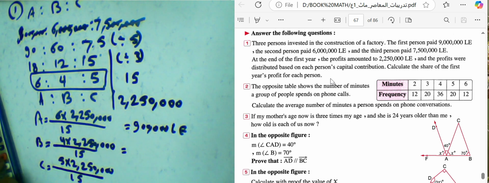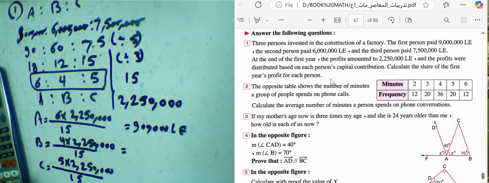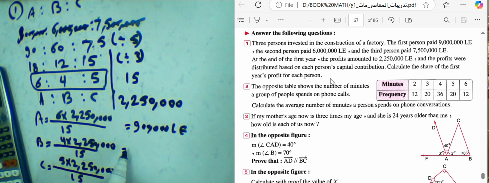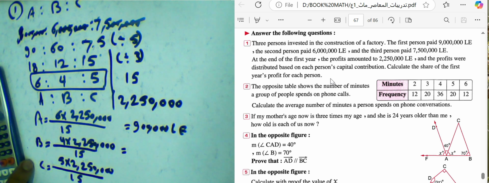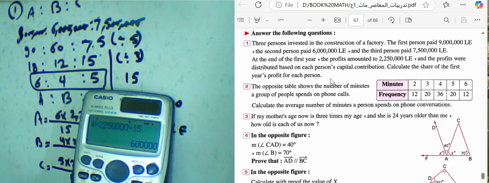And for the second person we can write 4 multiplied by 2,250,000 divided by 15. The result will be 600,000.